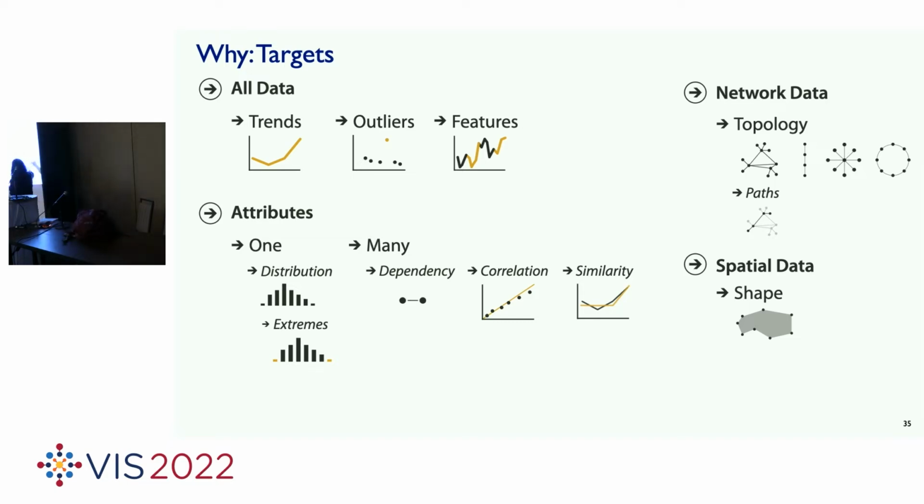Now, we typically reserve this question to ask of data that is intrinsically spatial, where the shape tells you something about the data set itself. In non-spatial data sets where the designer decides what spatial position to use for points, that's not intrinsic to the data. That's a designer's decision. But with spatial data, often a very central question involves understanding its shape. And that's one of the targets we would use in that context.